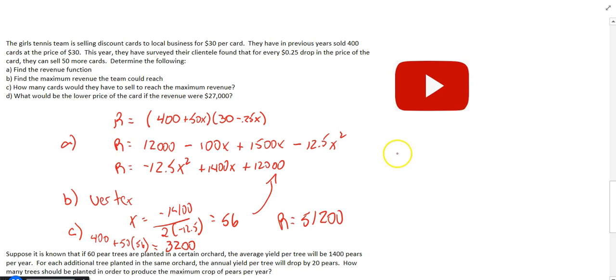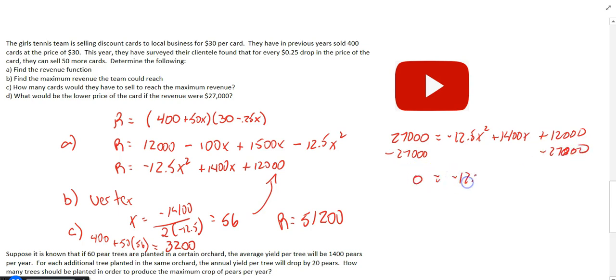Now the last one, letter D, is the trickier one. We want the revenue to be 27,000. So revenue equals negative 12.5 x squared plus 1400x plus 12,000. And we need to solve that. So I'm going to subtract 27,000 from both sides. 0 is going to equal negative 12.5 x squared plus 1400x minus 15,000.